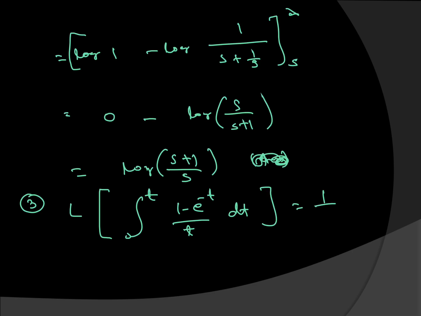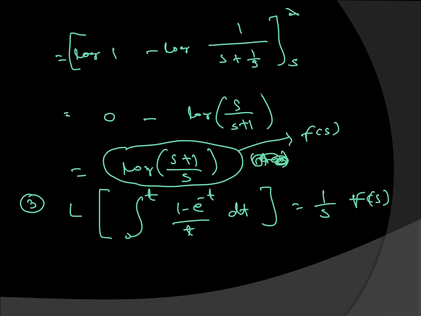It's 1 by s f of s from our formula. Again we got f of s is this one, our new f of s. So 1 by s f of s is log of 1 plus s divided by s. This is your answer.